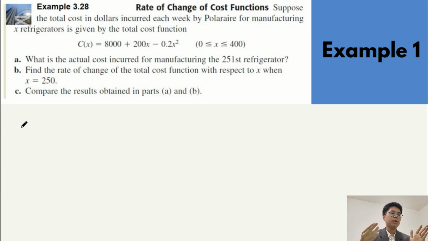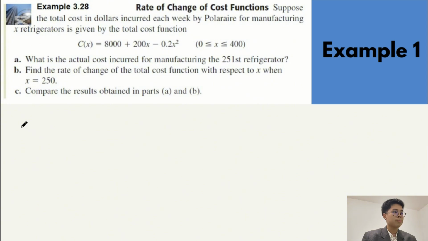In the question, it says that the total cost in dollars incurred each week by this company for manufacturing x refrigerators is given by the cost function C(x) = 8,000 + 200x - 0.2x², where 8,000 is the fixed cost and the rest is the variable cost. The x is between 0 and 400.